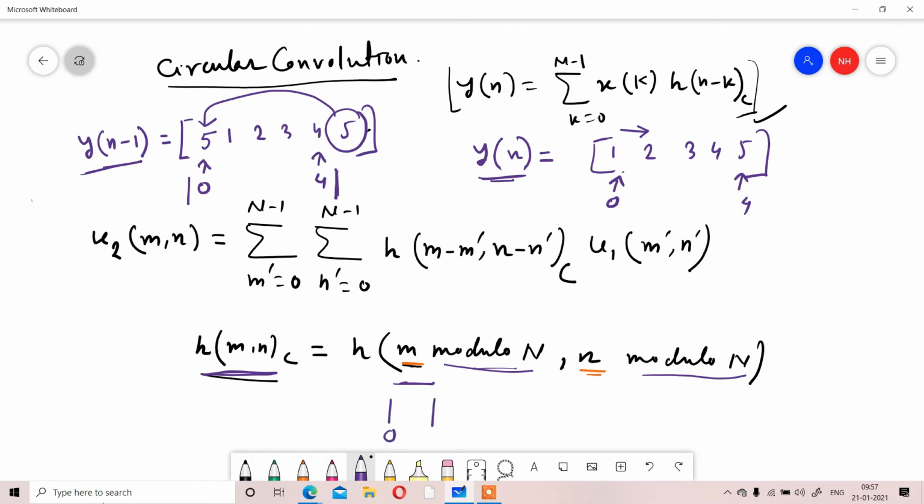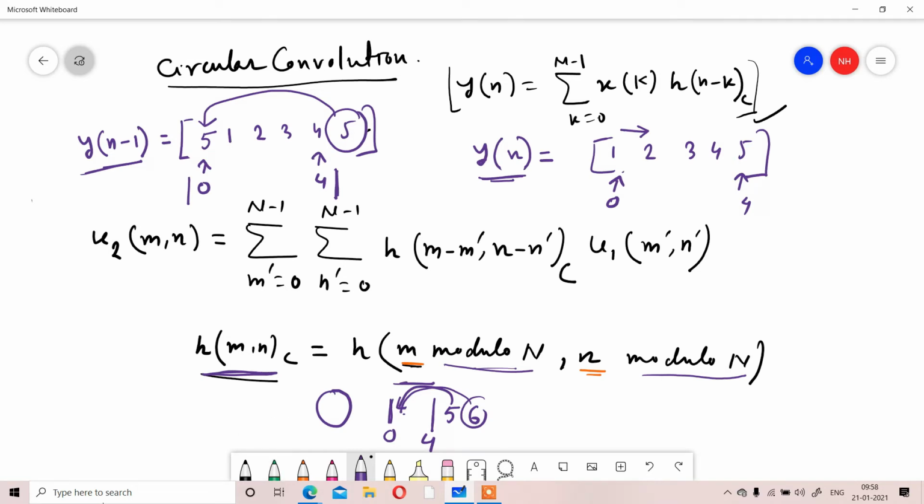If the modulus range is 0 to 4, and the value of m is within 0 to 4, then it is okay. Whenever the value of m becomes 5, that value comes to the 0th position. Whenever it becomes 5, 6, first 5 comes to the 0th position, then 6 comes to the first position, so in that way total circular processing is happening.